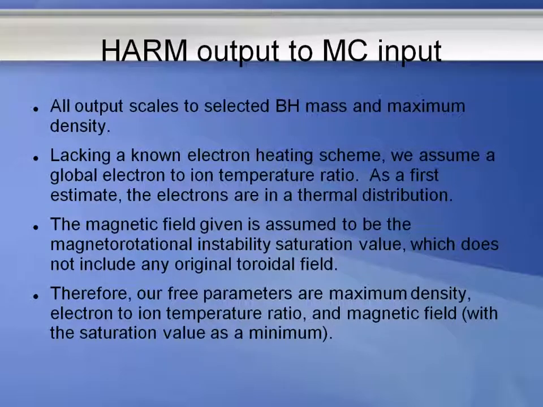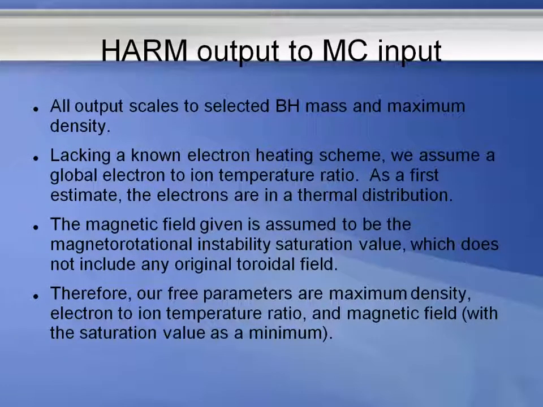As I've noted, we lack a known heating scheme here. We don't know how the electrons reach the temperatures that they reach. And so what we've done in this case is taken the ion temperatures. The ions in this case are heated compressionally as they fall onto the black hole. And we've assigned a global ion to electron temperature ratio.